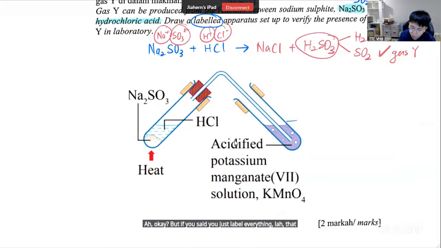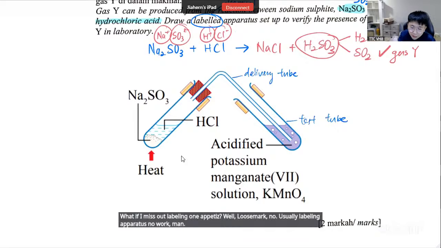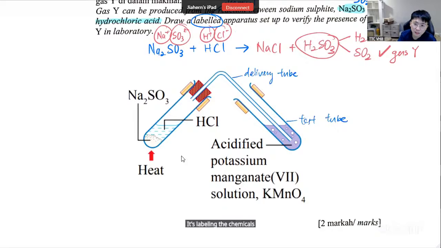Like this one is a test tube, and this one is a delivery tube, just in case you need to label them. What if I miss out labelling one apparatus? Do I lose a mark? No. Usually labelling the apparatus gets no marks. It's labelling the chemicals that gives you marks. It means if you miss out, say, HCl, then you lose 1 mark.